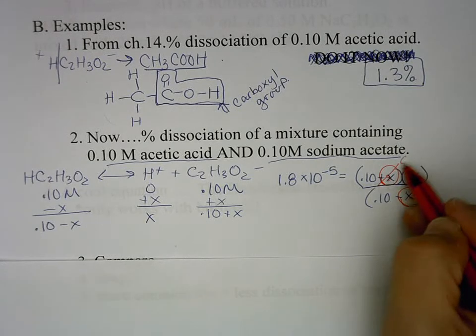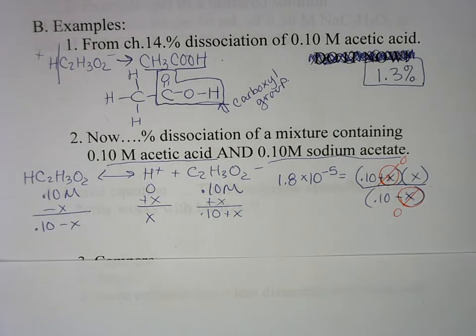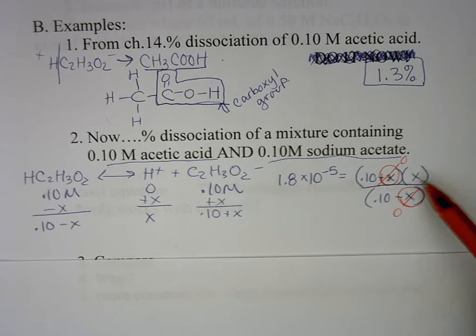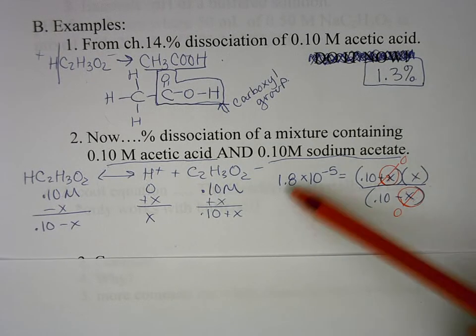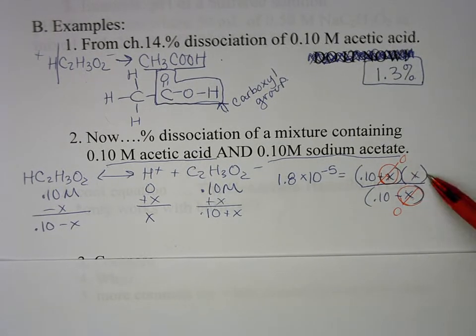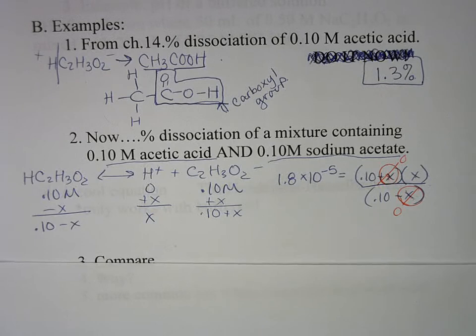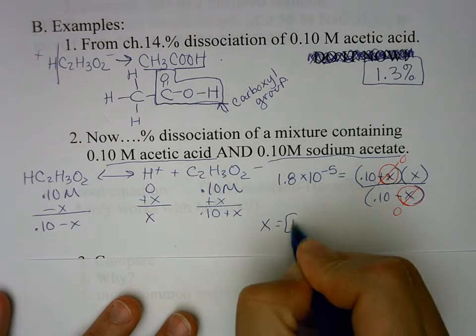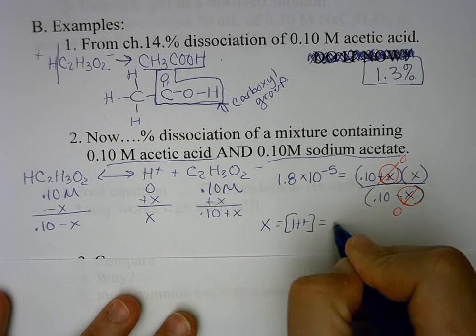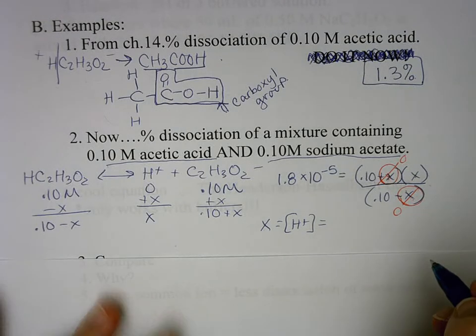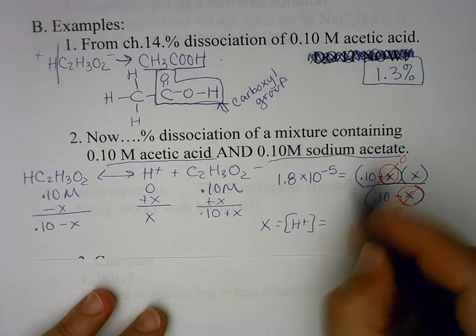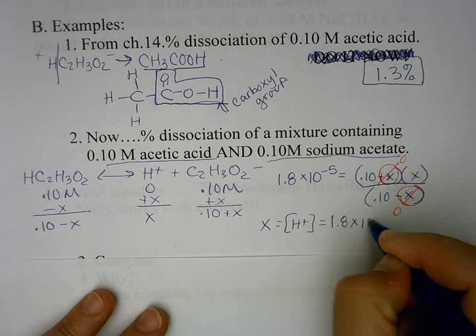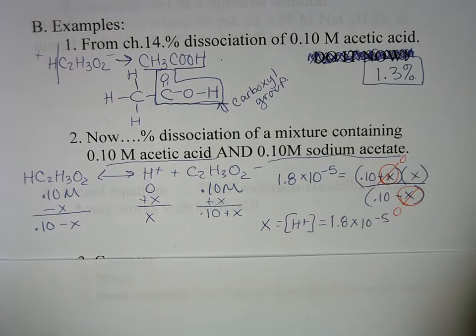Cancel them out, make them 0, because it's not going to affect it very much. I can't cancel out this x. So you end up with 1.8 times 10 to the negative 5 equals 0.1x over 0.1. Without your calculators, x equals what number? 1.8 times 10 to the negative 5.